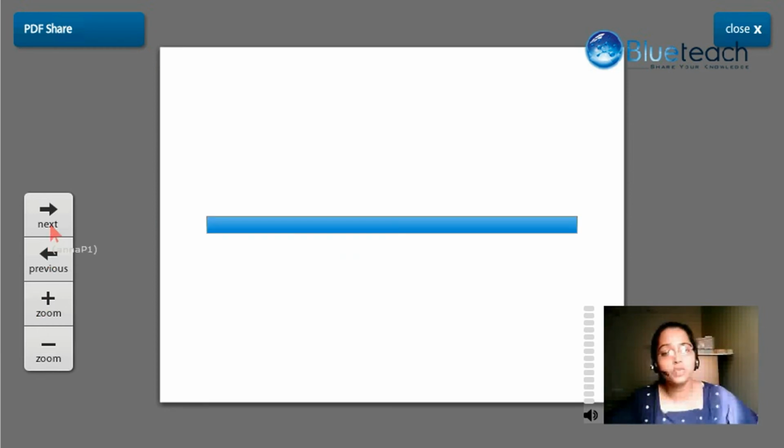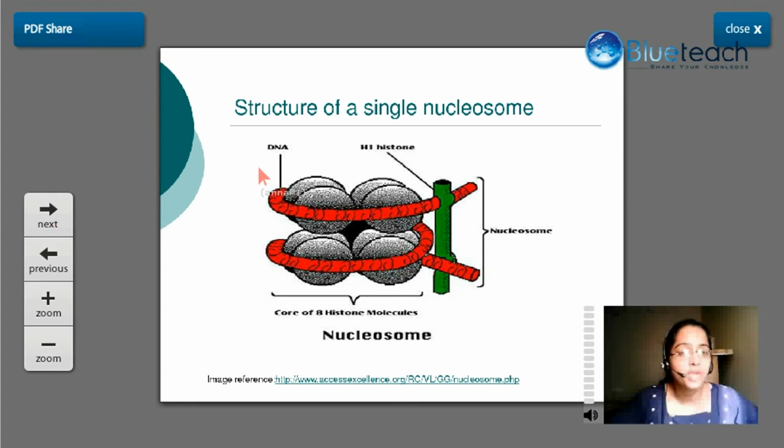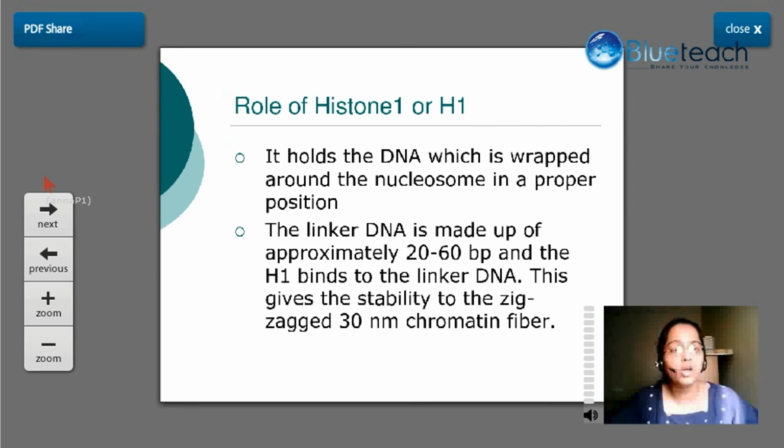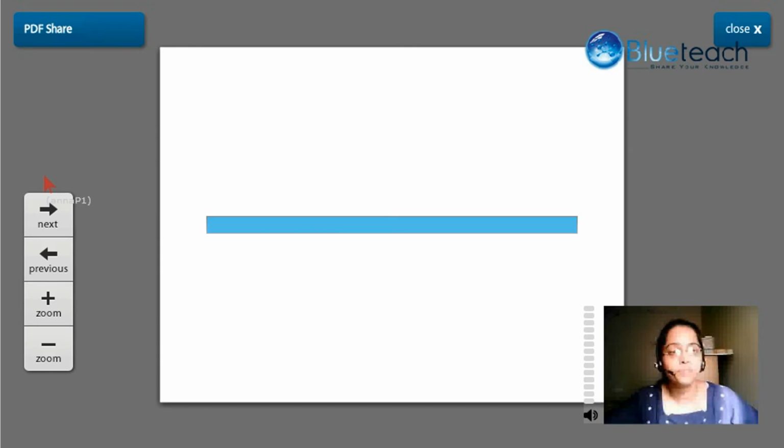So this is the linker DNA which links one nucleosome with another one, which measures 20 to 30 base pairs in length, and histone 1 binds to this linker DNA, not the actual DNA which wraps around the histone octamer. And this gives a sort of stability to the next organization level, that is the solenoid fiber or 30 nanometer chromatin fiber.